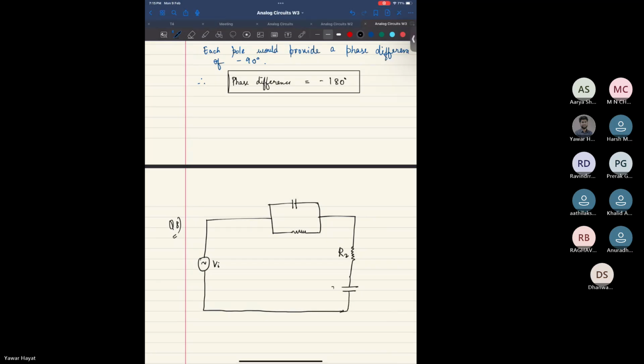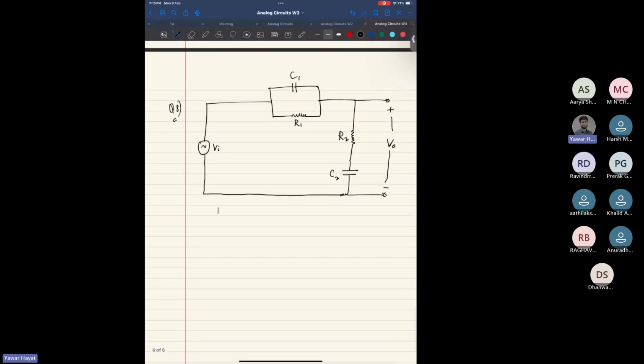This is R2, this is C2, R1, C1. Let's say this is VO. Let's try to find the transfer function of the circuit. You can consider R1 as 100 ohm, R2 as 10 ohm, and take C1 and C2 as 10 millifarad. Just assume these are the values.